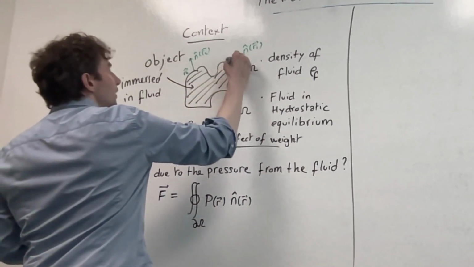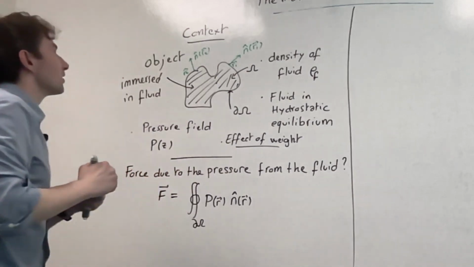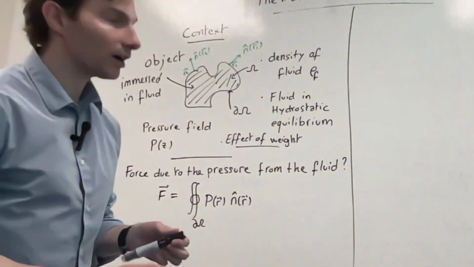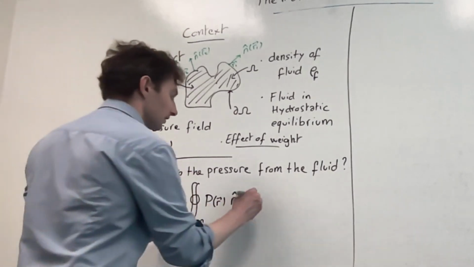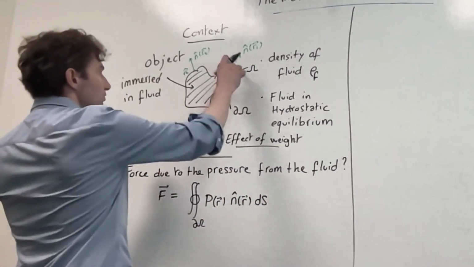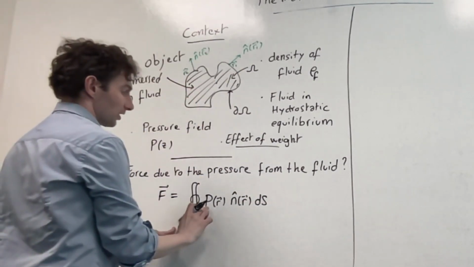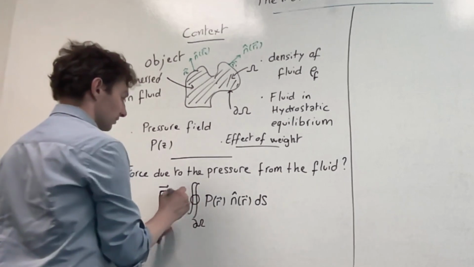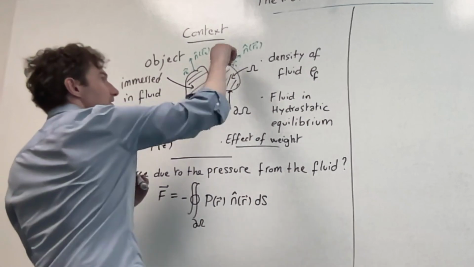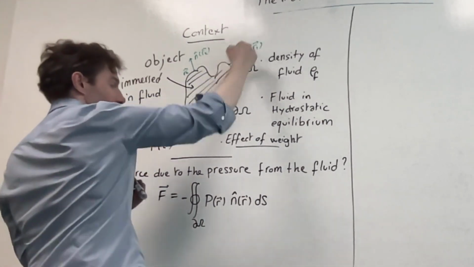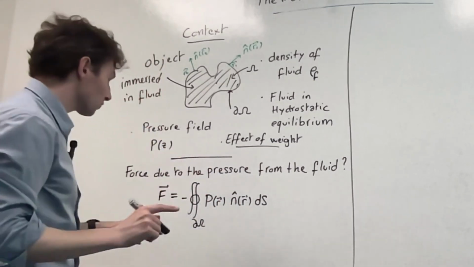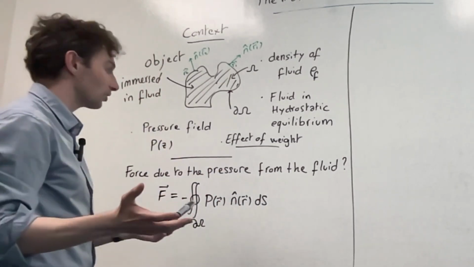That's basically what these vectors n are. And then dS, so I'm integrating over the surface, the pressure and a minus, because the pressure acts from within and the vectors here are outward going, so I want a minus there as well.